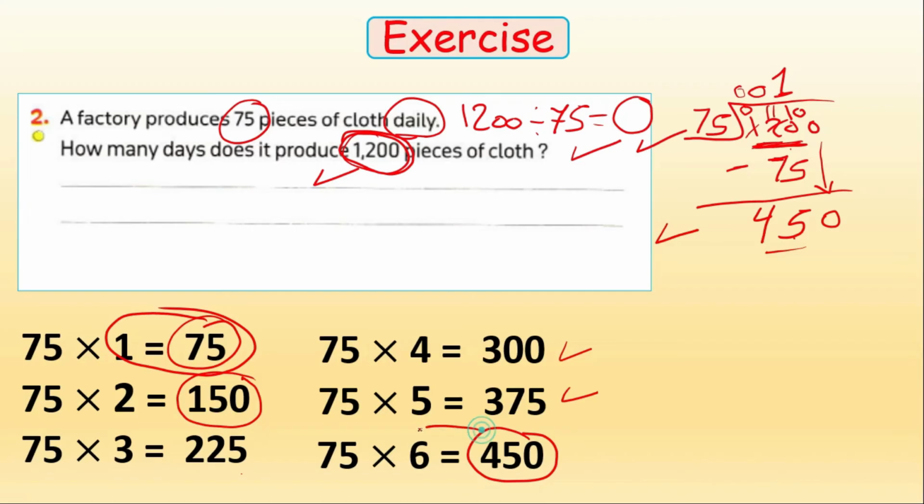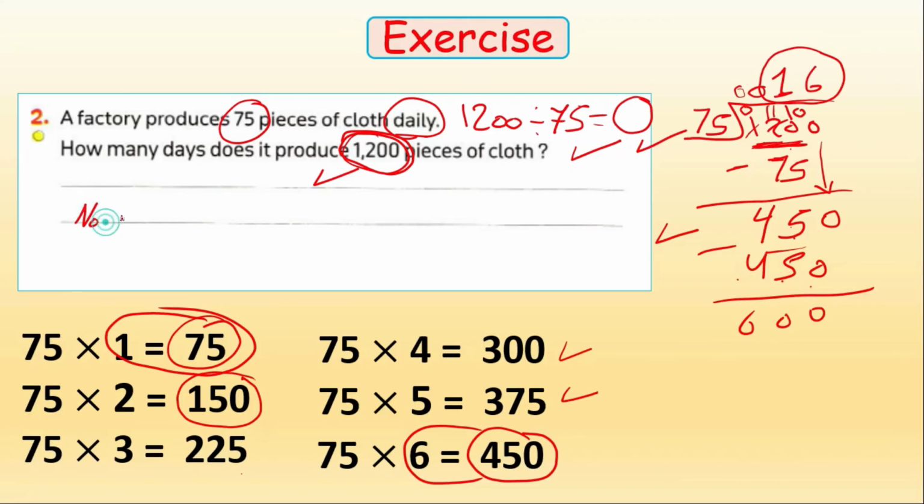Okay, so write 6 up, 450 down, and subtract: 0 minus 0, 5 minus 5, 4 minus 4. So the quotient equals 16. So we can say the number of days equals 1200 divided by 75 equals 16 days.